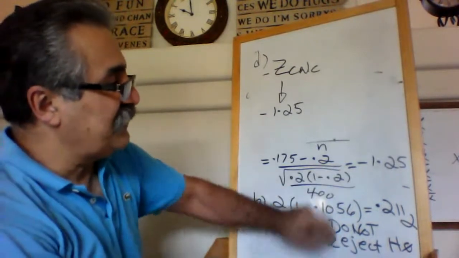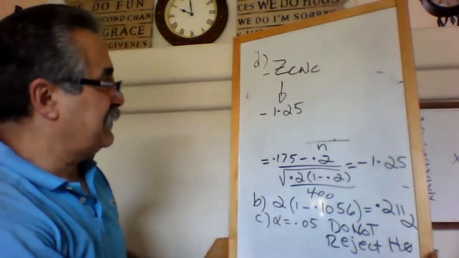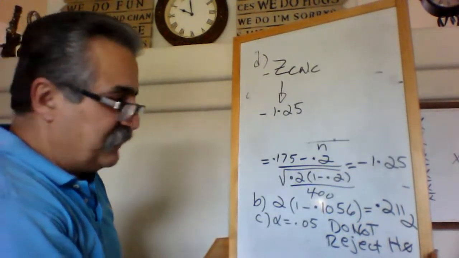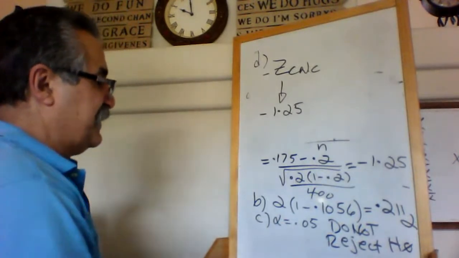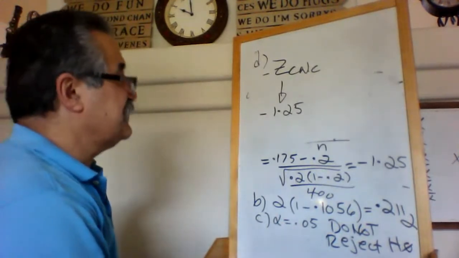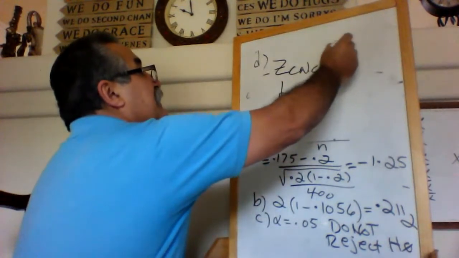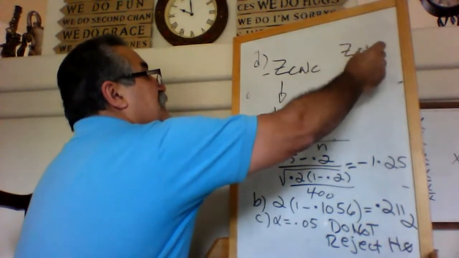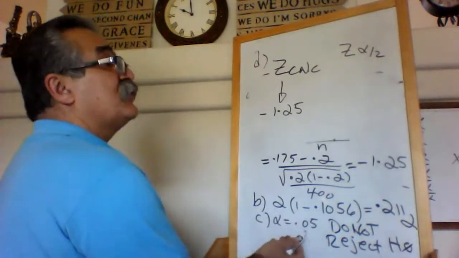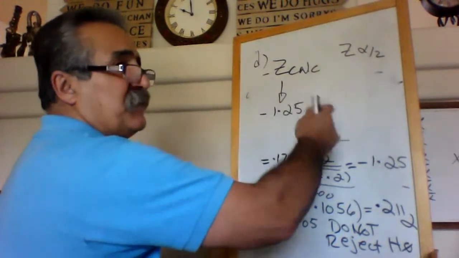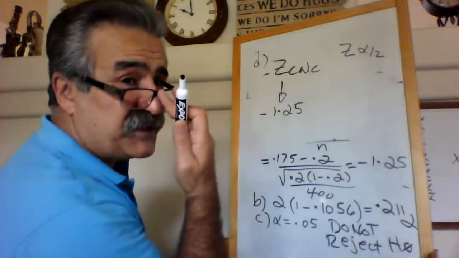Since this is negative, we have to find Z of half of the alpha. Half of the alpha is 0.025. For the positive side, it's going to be 1.96.